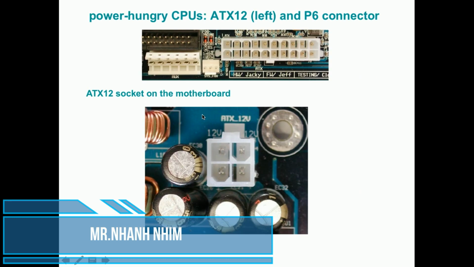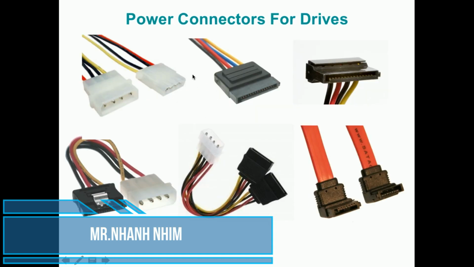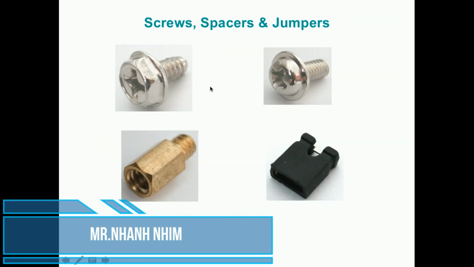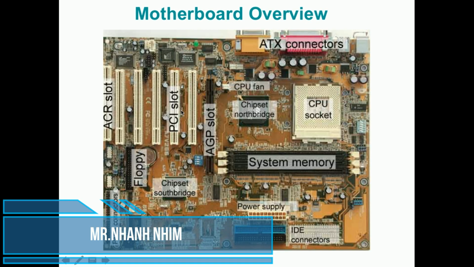Okay, this one we can say is the power-hungry CPU, and this one is the ATX12V socket on the motherboard. Okay, this one also we can say is a power connector and drive. Okay, and this one you can say is a screw or spacer jumper. We can plug in your computer to be strong.